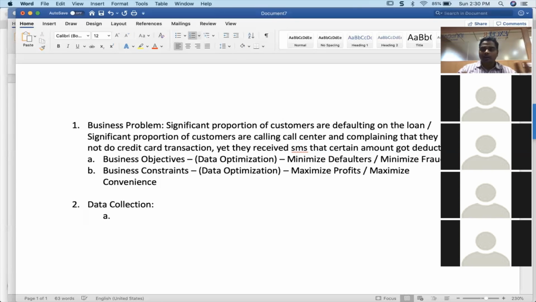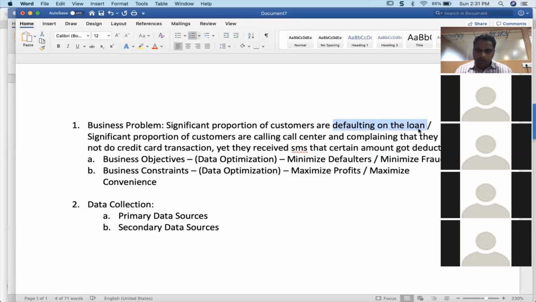As part of data collection, you have primarily two data sources: primary data sources and secondary data sources, or primary data collection and secondary data collection, whatever you want to say. Say a bank wants me to build a model which will help predict whether a person will default on the loan or not.